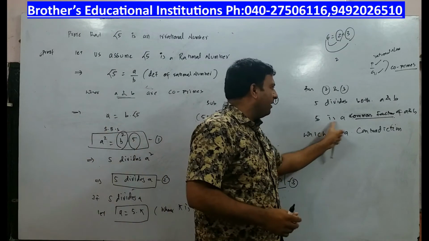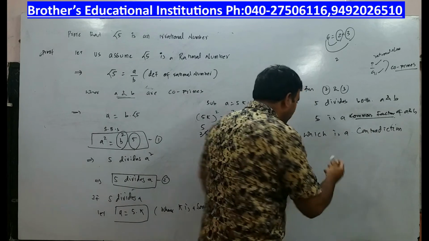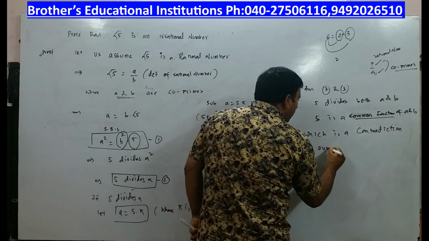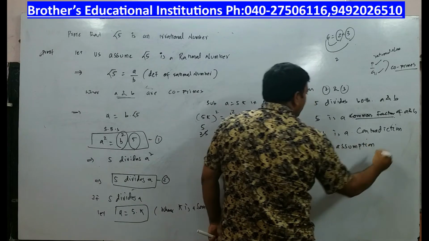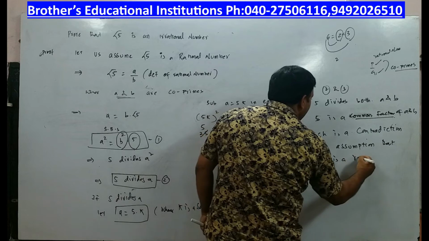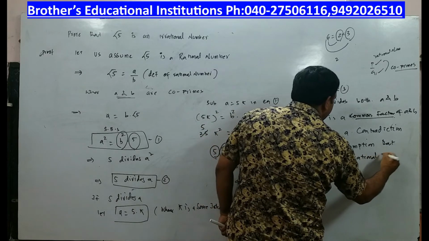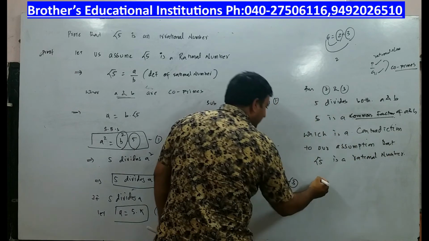So I will write 5 is a common factor of A and B, which is a contradiction to our assumption that root 5 is a rational number. So this is a contradiction you got. What does it mean?